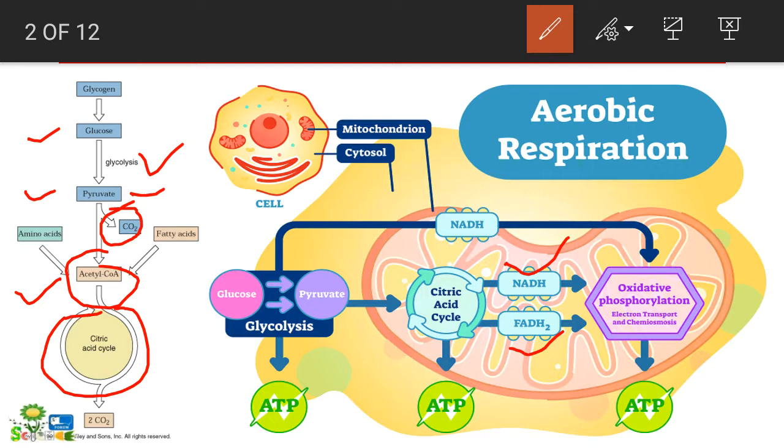This is the process of aerobic respiration, where a 6 carbon glucose molecule ultimately forms ATP as the energy currency. During this process oxygen is required at mitochondrial complex 4 and carbon dioxide is given out.